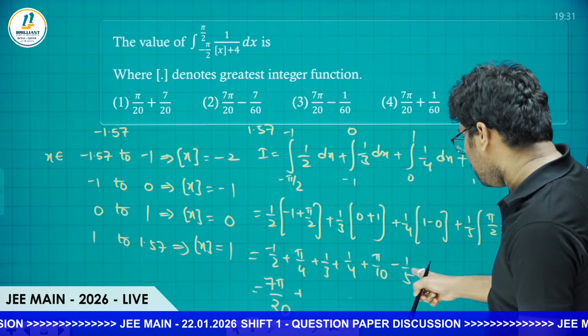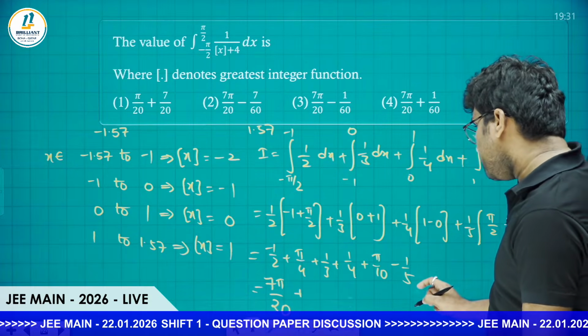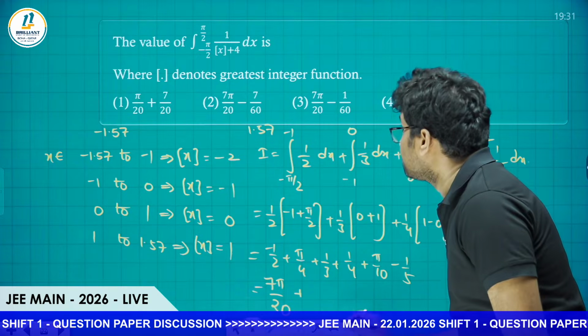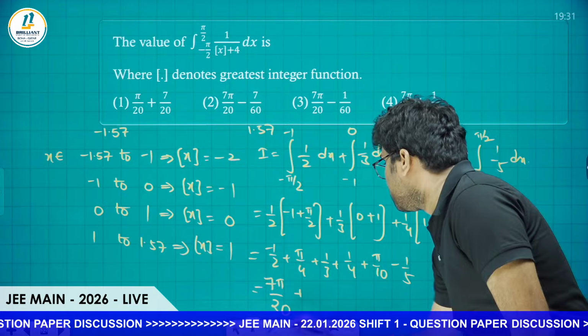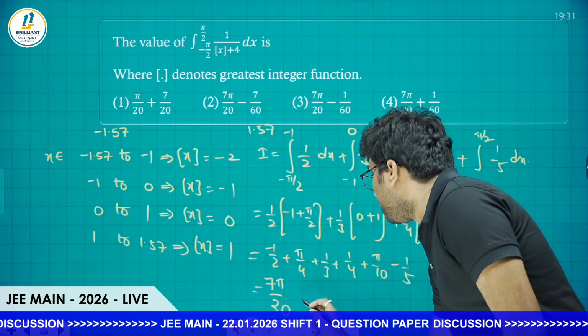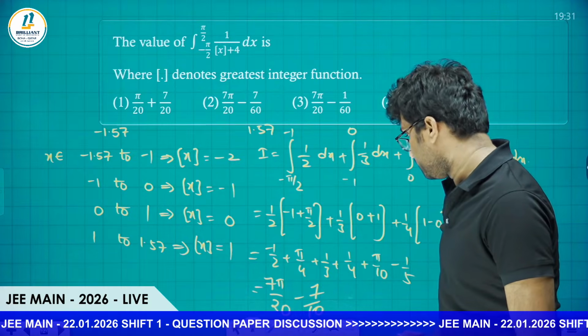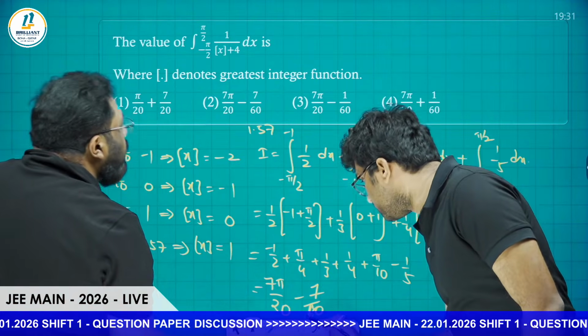Minus 1 by 2 minus 1 by 5 means minus 7 by 10. Then 1 by 3 plus 1 by 4 is 7 by 12. Overall, 7 pi by 20 with LCM 60 gives minus 7 by 60. So the answer is 7 pi by 20 minus 7 by 60, which is option 2.